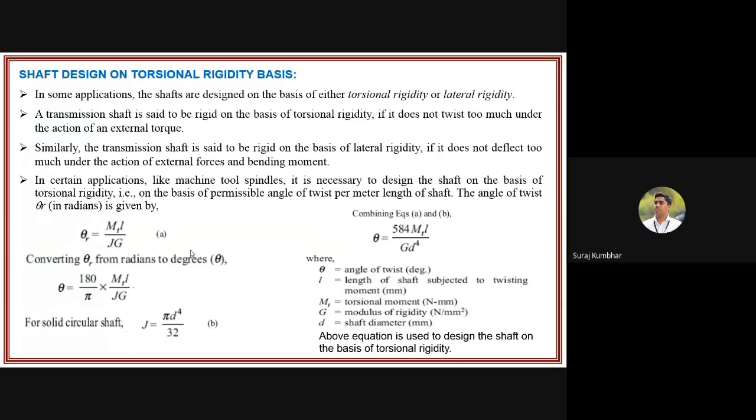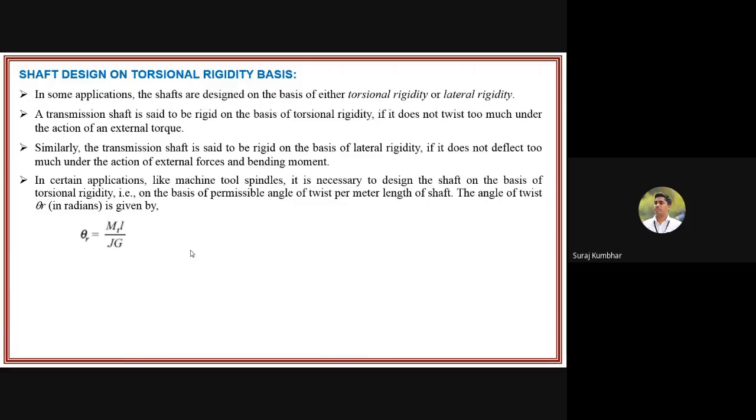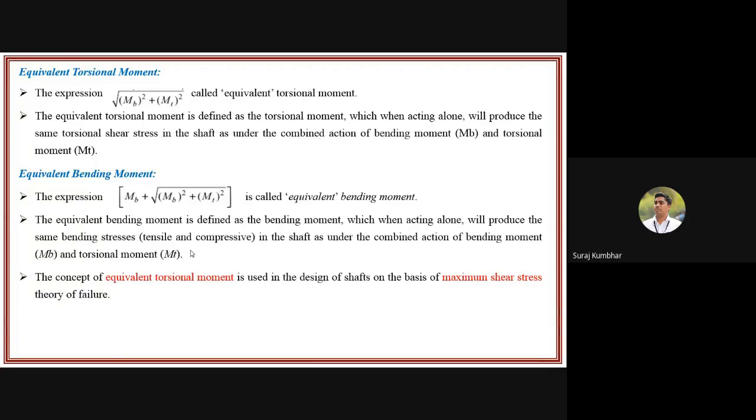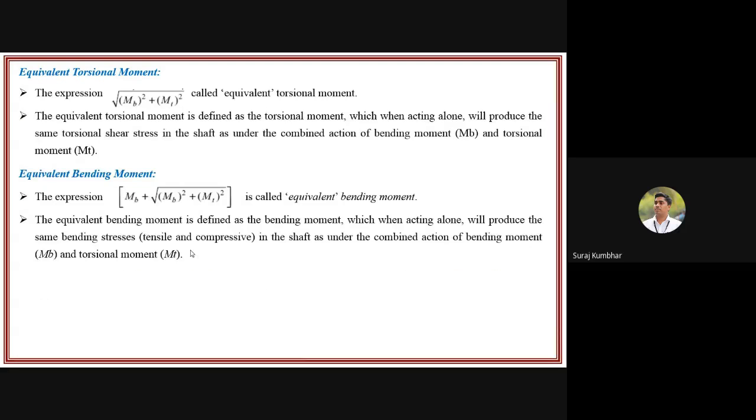Okay, so this is about the design of a shaft on the basis of strength. So on a strength basis we can design a shaft, that is, finding out the diameter of that particular shaft. Is it fine? Now what we have seen today: design of a shaft on the basis of torsional rigidity, and these are the equations. Then we found the equivalent bending moment and the equivalent torsional moment.